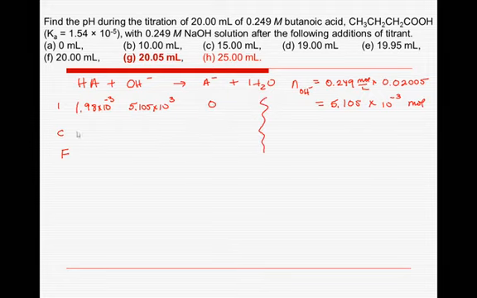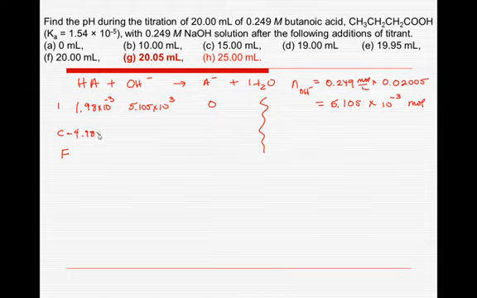Now, between these two, the acid is the smallest value. So we're going to subtract it from both reactants and produce 4.98 times 10 to the minus 3 here.